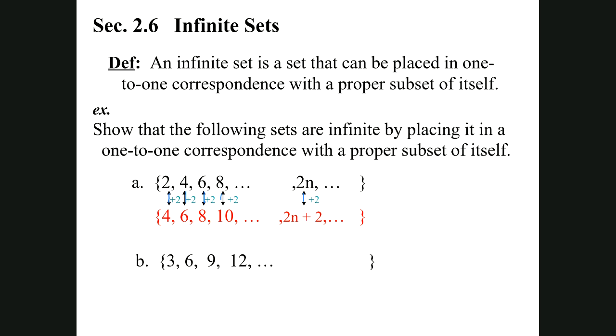Okay, in example B, the first term is 3, the second term is 6, the third term is 9, the fourth term is 12, the fifth term is 15, because we keep adding 3.